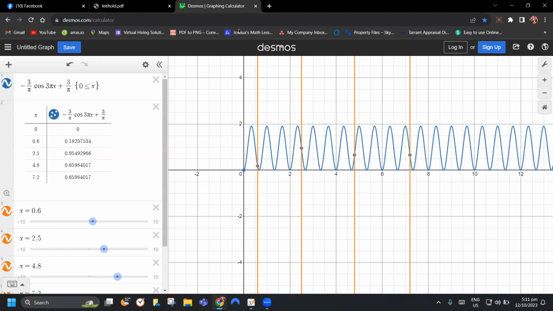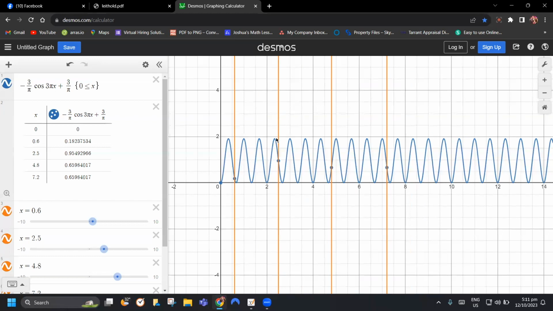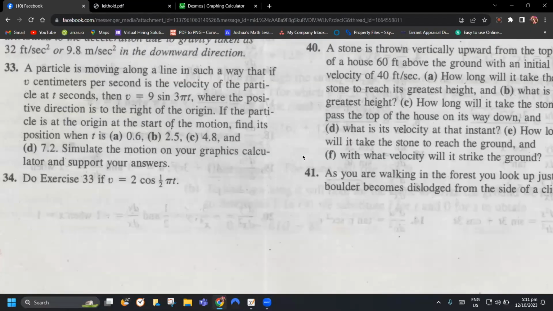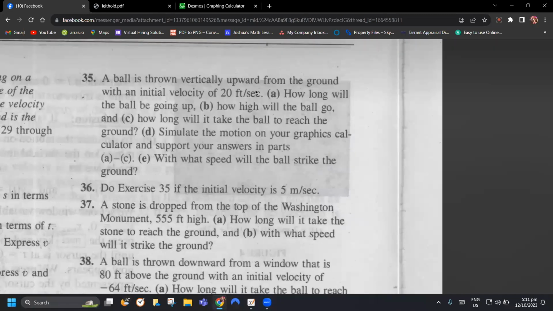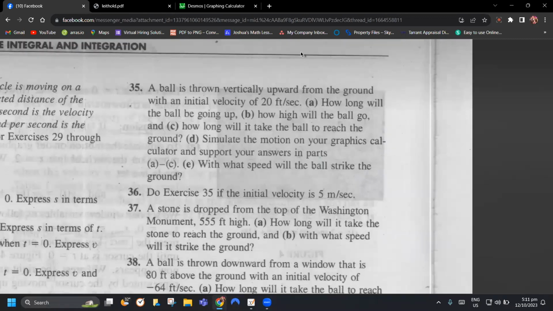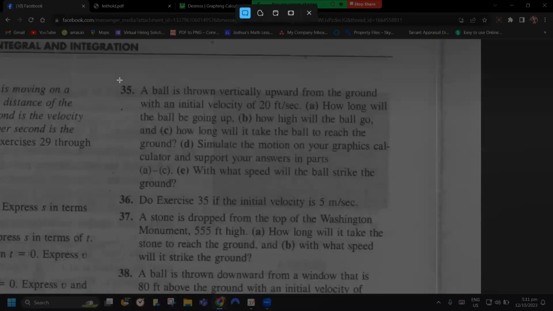Okay, so that's fine, right? So let's look at the next number. We're done with 33. We're at number 35. Here, we'll use barbaric units because that's what the problem uses. Barbaric units. So the acceleration due to gravity is 32 feet per second squared. I know what that's called, the language of the deceased.